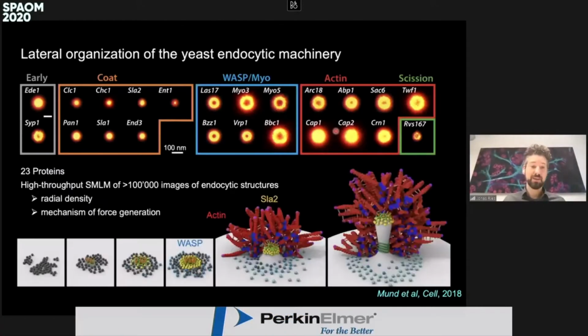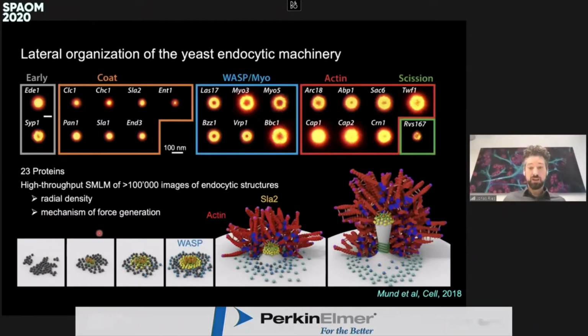From these data, we could now deduce a more refined model of how the endocytic machinery is structurally organized and how it is assembling. I really don't have time to go into detail here. I just want to point out one discovery that we made here. This is how the force is generated and transferred onto the membrane. So it was known before that it is the actin machinery that provides the force during endocytosis in yeast.